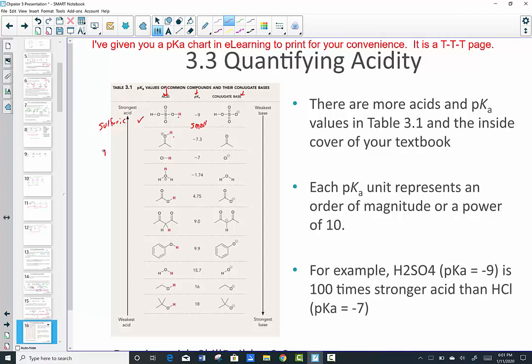Underneath that, you see hydrochloric acid, HCl. Here we have a hydronium ion, H3O+. Here's your carboxylic acid. See that? Carboxylic acid. This is an anhydride. This is phenol, which means that an alcohol is attached to an aromatic ring.